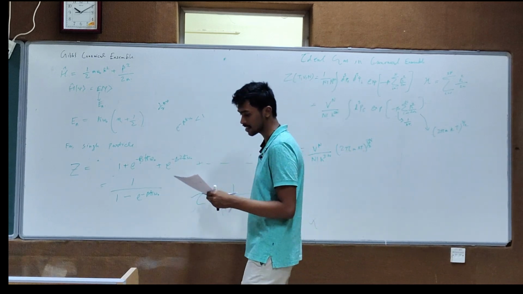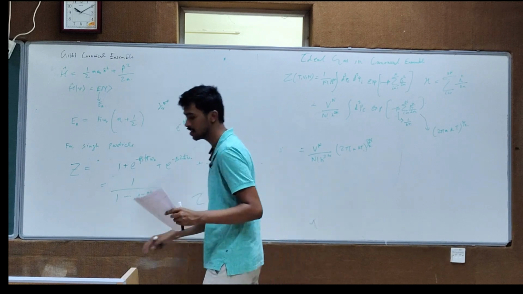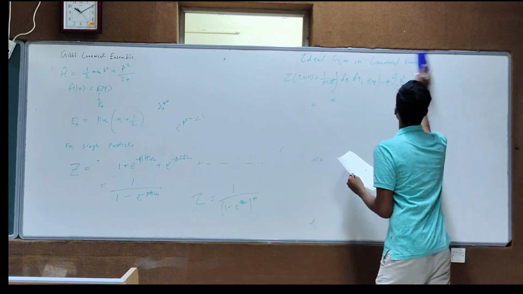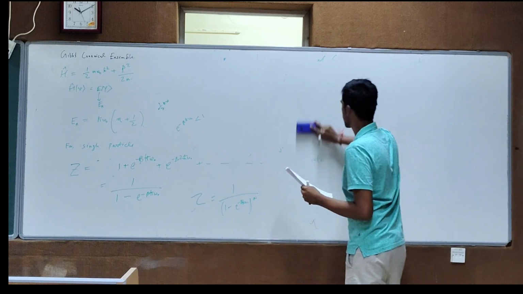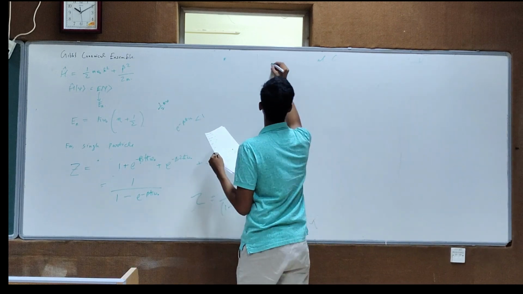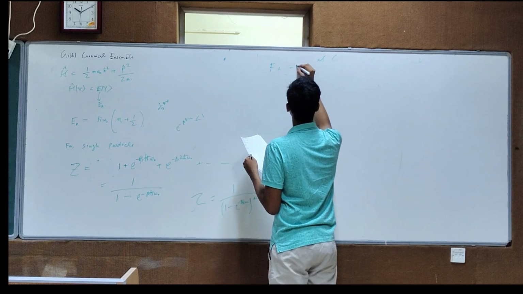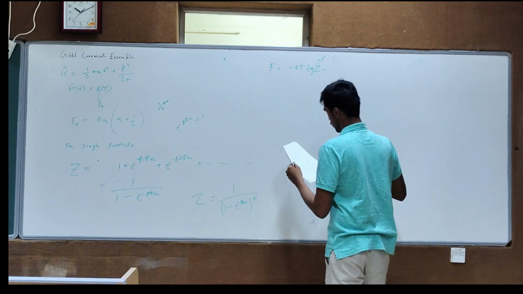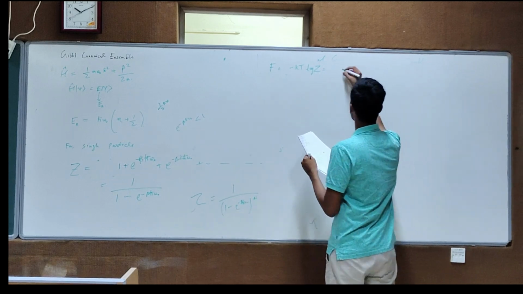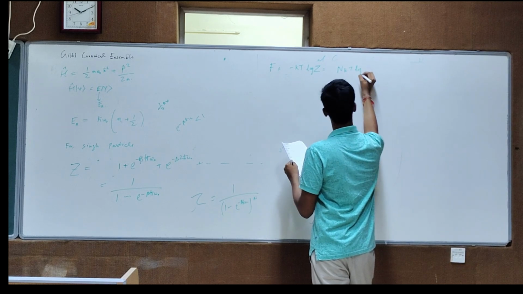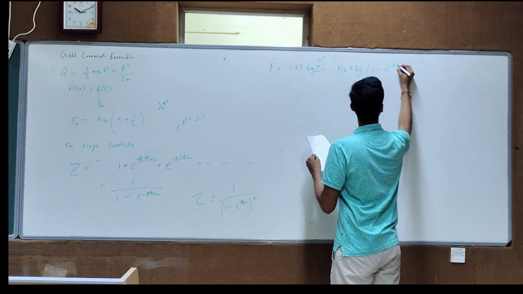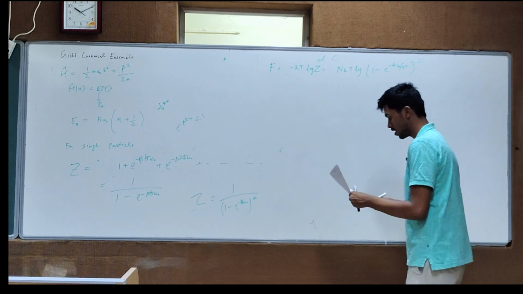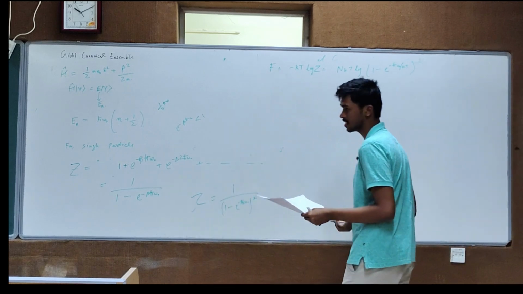And now once you have the partition function, again you can calculate your free energy. So the free energy is minus kT log of Z. So for this n particle thing, you will get n kT log 1 minus e to the power. So this is your free energy. And what is your average energy of the system?